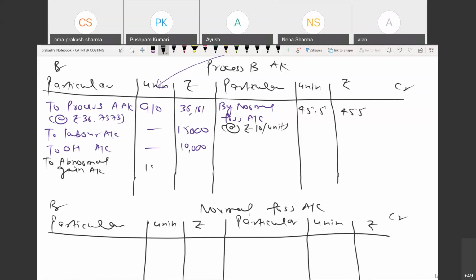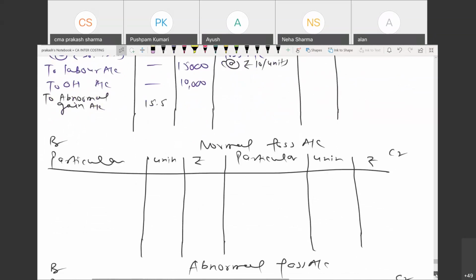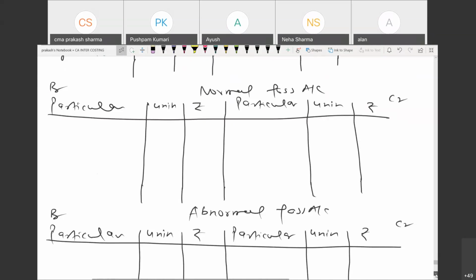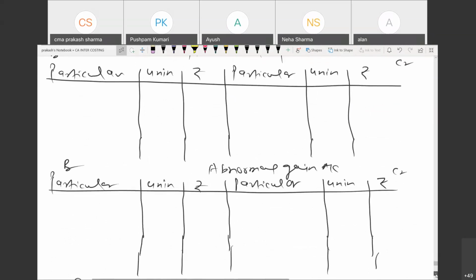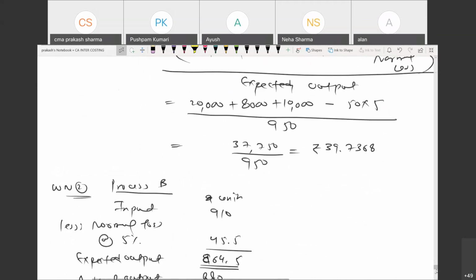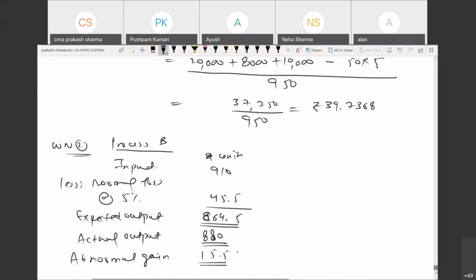But I need to find the value of abnormal gain. Okay, sir. So how to calculate the value of abnormal gain? By the same process which I have applied in process A. I will calculate the unit cost for my process B. Let me calculate unit cost here.